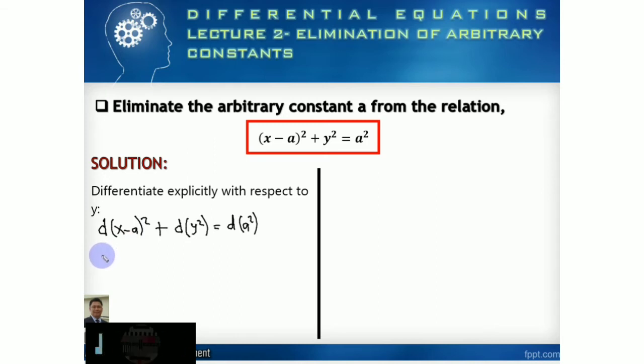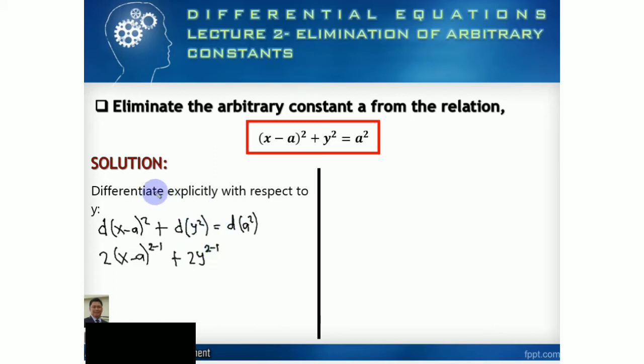So from here we can get this derivative, which is equal to 2 times (x minus a), and this one is from your calculus, this would be 2 minus 1, plus the derivative of y squared, which is 2 times y, then 2 minus 1.